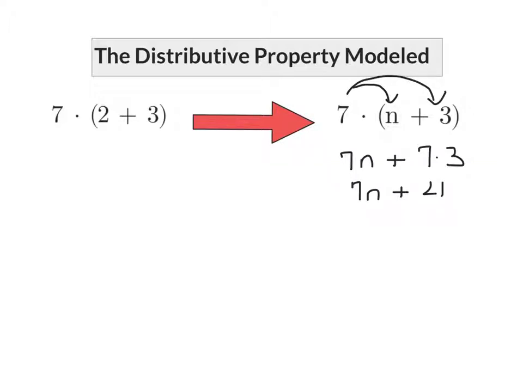And I stop here because 7n and 21 are unlike terms, and I'm not able to add those two together. So my simplified expression is 7n plus 21.